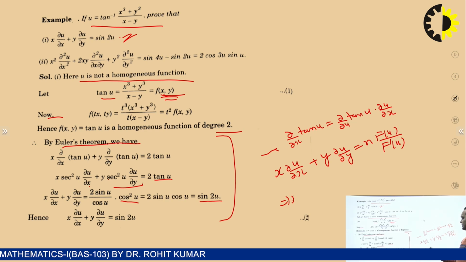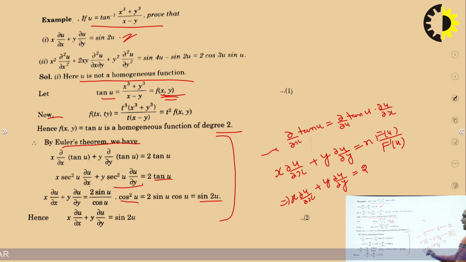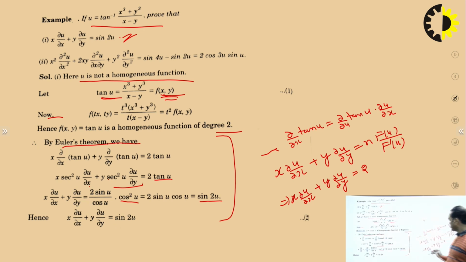So x ∂u/∂x + y ∂u/∂y = 2 tan u / sec²u, which equals 2 sin u cos u, which equals 2 sin 2u... that is, sin 2u. So this is proved by directly using deductions from Euler's theorem.